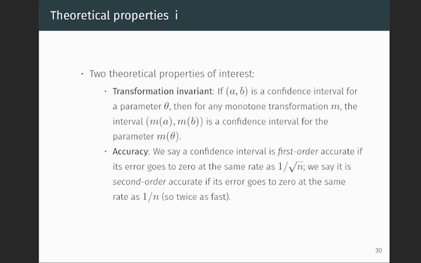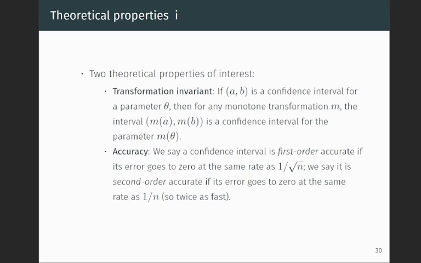And by accuracy, I mean what are the frequentist properties of that confidence interval. If it's a 95% confidence interval, I'm expecting that by repeating this process many, many times, I would expect 95% of my confidence intervals to contain the true value, right? So that's accuracy. So we say a confidence interval is first order accurate if the error goes to 0 at the same rate as 1 over square root of n, as n goes to infinity.